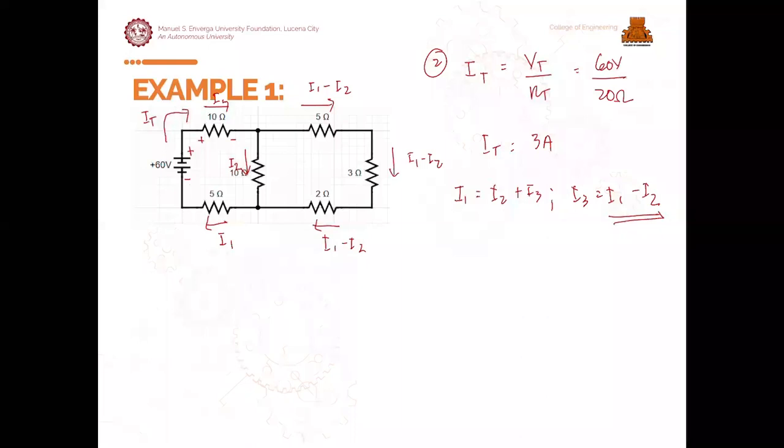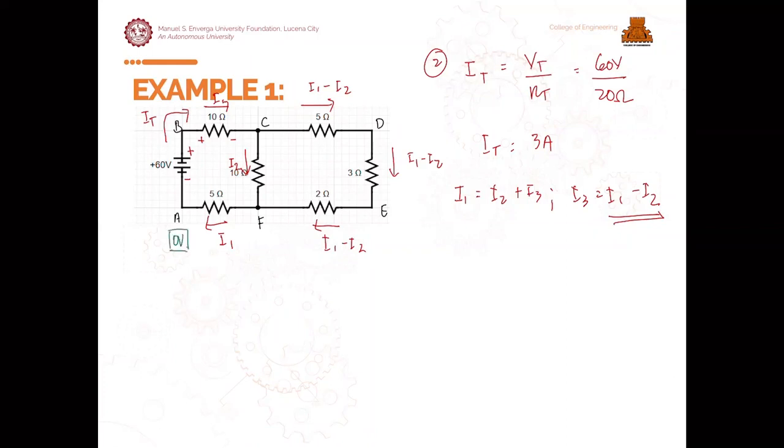Now, what is the value of our potential difference, our voltage? Let me put nodes: this is A, B, C, D, E, F. Starting from point A, we are at 0 volts.